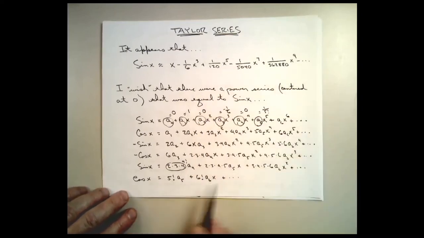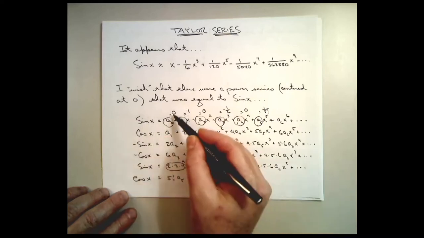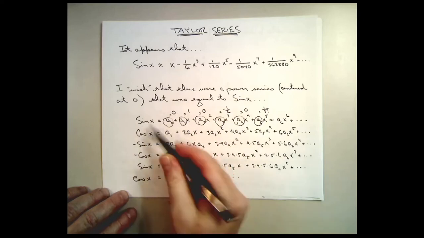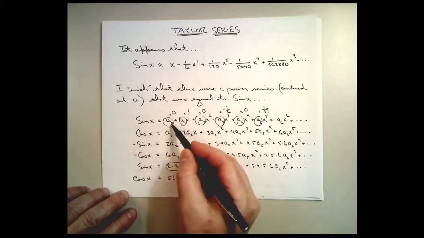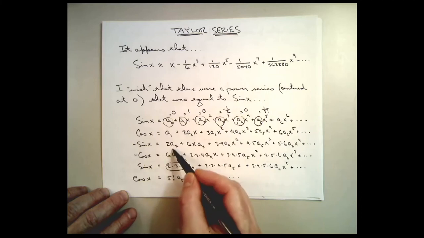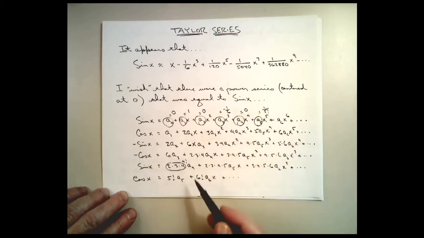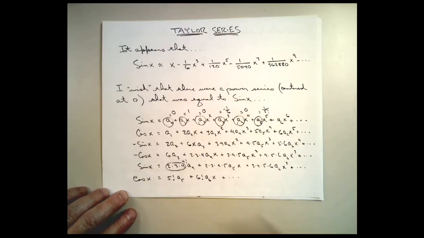So I think we can see what's happening now. Every other time I'm going to have either sine or negative sine appearing on the left. That's going to be 0. So whenever I evaluated a sub 0, I got 0. Whenever I evaluated a sub 2, I got 0. Whenever I evaluate a sub 4, I got 0. Whenever I evaluate a sub 6, I'm going to get 0 as well. And by the time I get to a sub 7, I'm going to have 7 factorial times a7 next to a negative cosine.